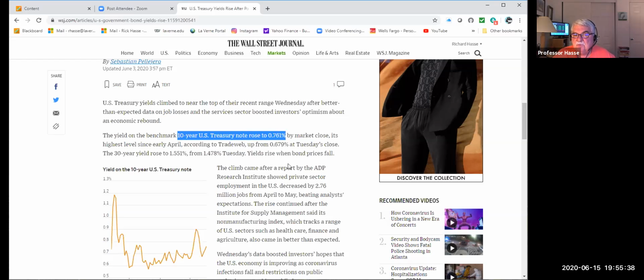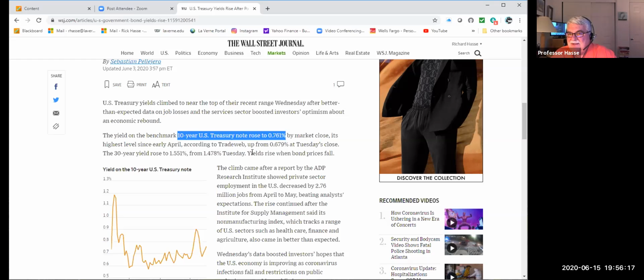Ladies and gentlemen, that's the risk-free interest rate. The 10-year United States Treasury note is 0.761%. In other words, if I buy a $1,000 10-year United States security today for $1,000, I would get a little bit less than 1% interest on that note every year for 10 years. 10% of 1,000 is 100, so 1% of 1,000 is 10.